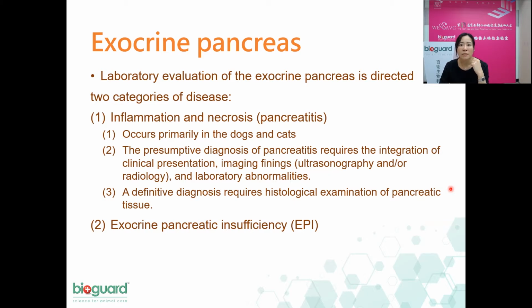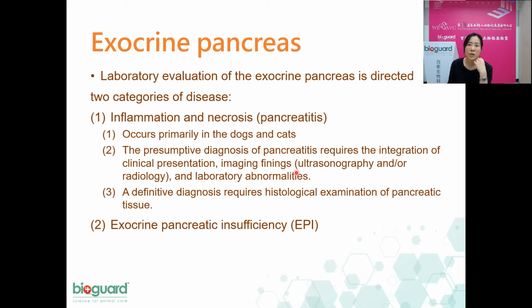When we focus on pancreatitis, it is a common disease found in dogs and cats. The diagnosis of pancreatitis requires the integration of many aspects, including clinical presentation and imaging findings. For example, we need ultrasonography or radiology to help us look for anything wrong with the exocrine pancreas.